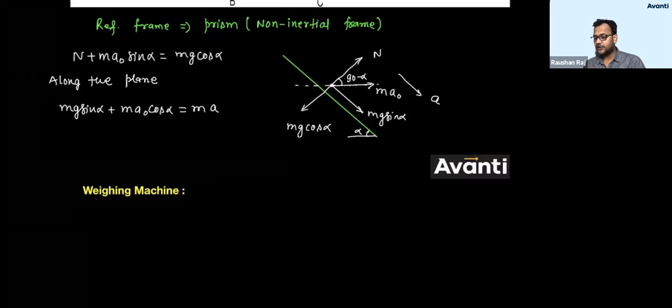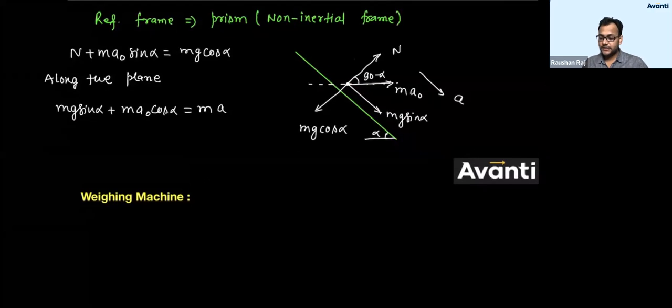Net force in downward direction is nothing but mg sin alpha and ma naught cos alpha. They will not have any component along the plane because they are perpendicular to the plane. So these are the two forces acting down the plane. ठीक है? So this must be equal to m into a. So a का value क्या मिलेगा बच्चे लोग? तो a is nothing but g sin alpha plus a naught cos alpha.